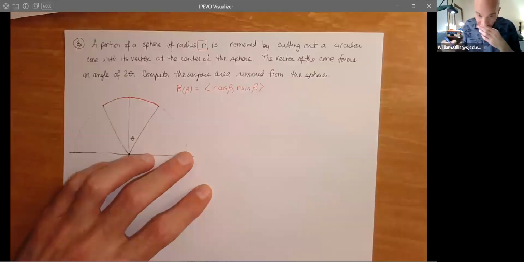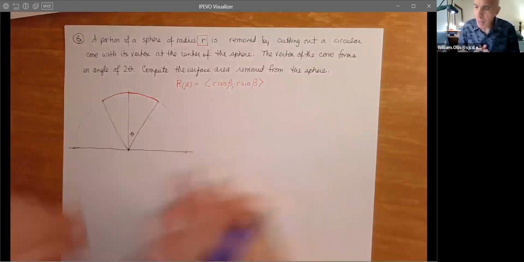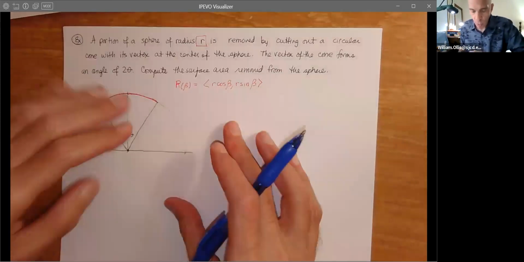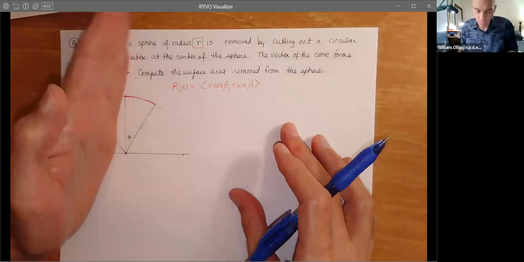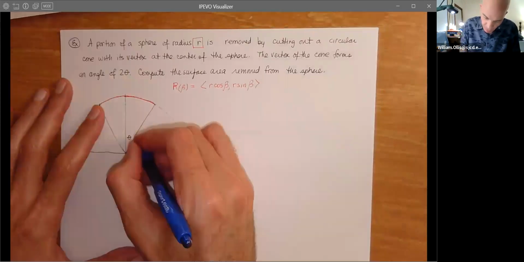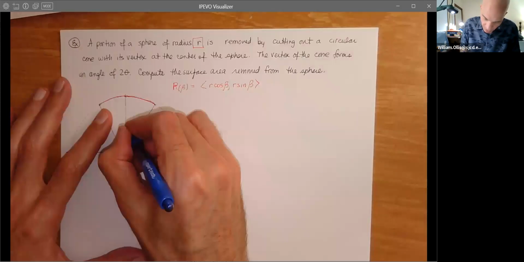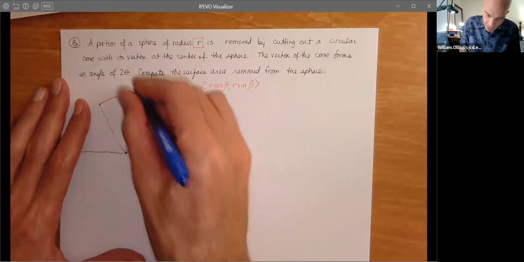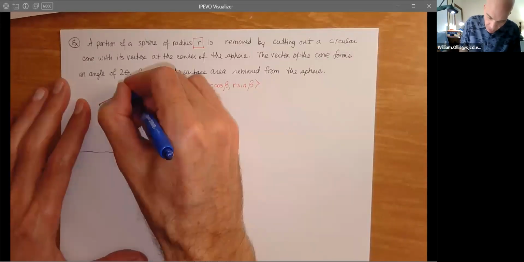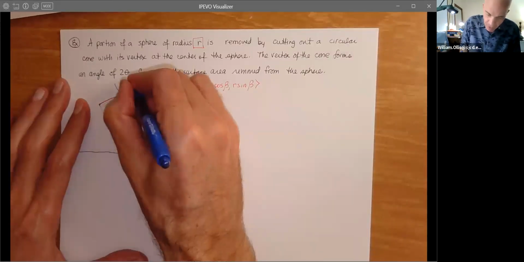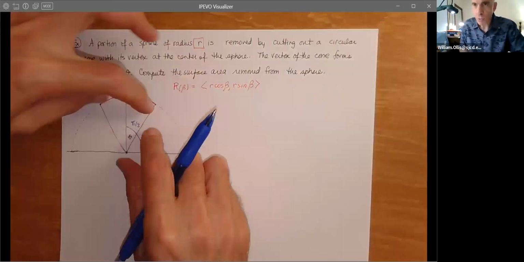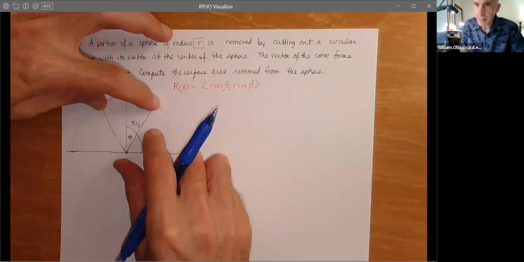Now, when you think about the situation, okay, so this is theta, so we're running this way. So as we move all the way up here, let's just mark these off. We move all the way up here, that's pi over 2. And we want, let me just extend this a little bit. We want to do this. Because if we revolve this about the x-axis, we're getting that little cap that's going to be excised.